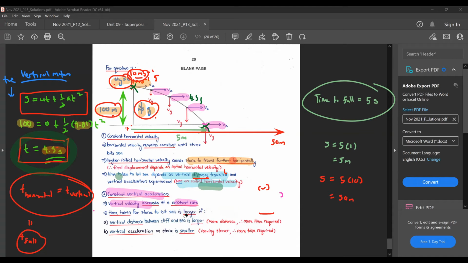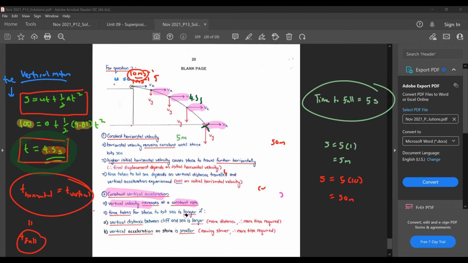Because you can see from here, when you throw your object horizontally from the cliff, your initial vertical velocity is 0. But then over time, because you have an acceleration downwards equal to g, your vertical velocity will tend to increase. And it increases at a constant rate.